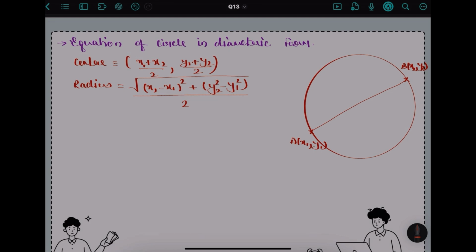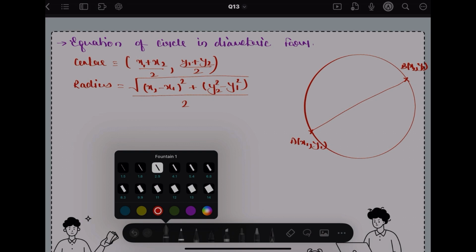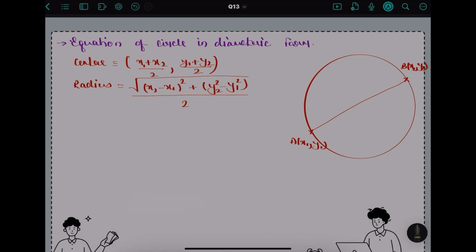Now suppose that you don't like this method, it is time consuming. So what we will do, we will take a random point on the periphery of the circle. Suppose it is P and it is (x, y).